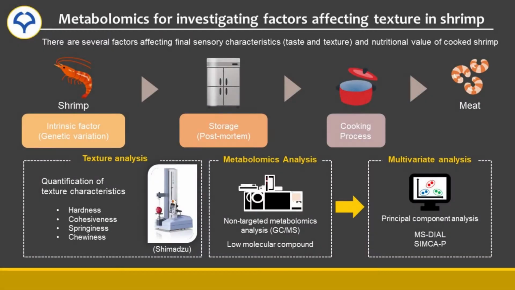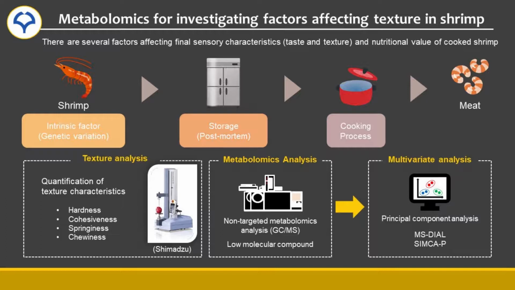We also perform metabolomics to white leg shrimp and its sensory value. Current quality evaluation of shrimp in Japan is by using size. However, using size alone cannot determine the sensory quality. Therefore, metabolomics able to indicate the taste quality from its component.